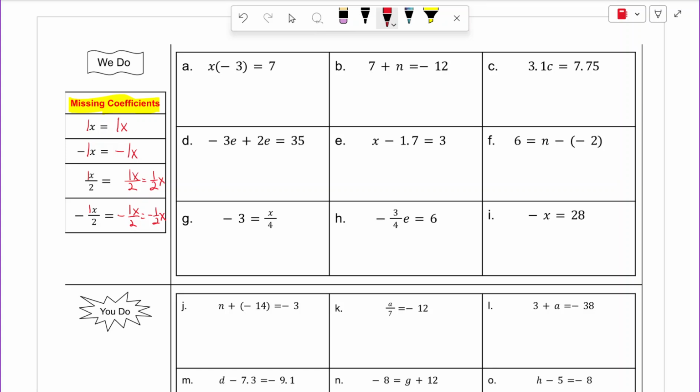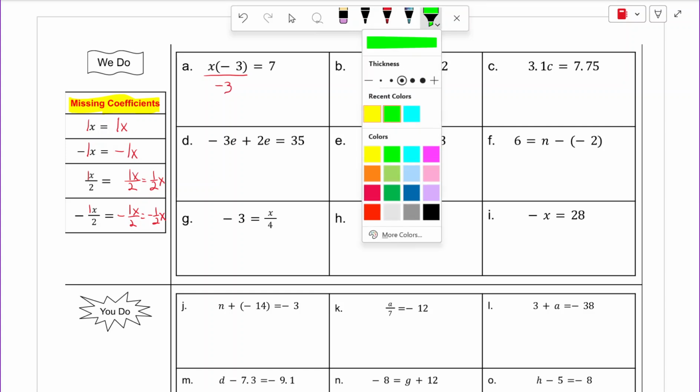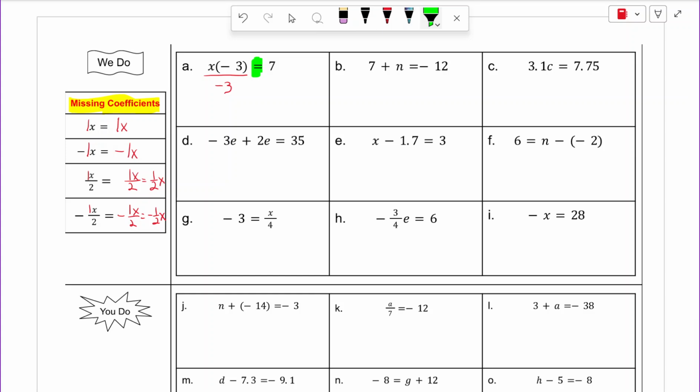Right here, you don't really need it. X, what's happening to it? It's being multiplied by negative 3. And so remember, would you rather... Okay, you can make this into a fraction, but because it's multiplication, I am going to divide by negative 3. If I do it to one side, I definitely have to do it to the other side of the equal sign.